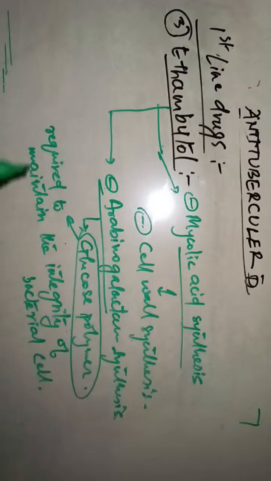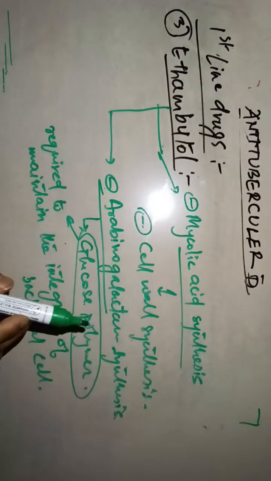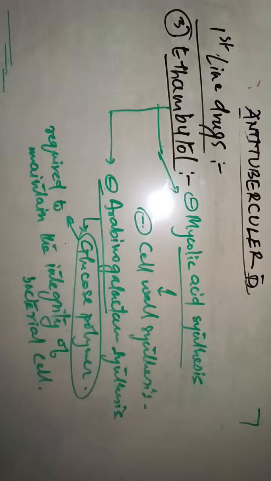So by inhibiting arabinogalactan and mycolic acid synthesis, ethambutol can inhibit the growth of Mycobacterium tuberculosis.